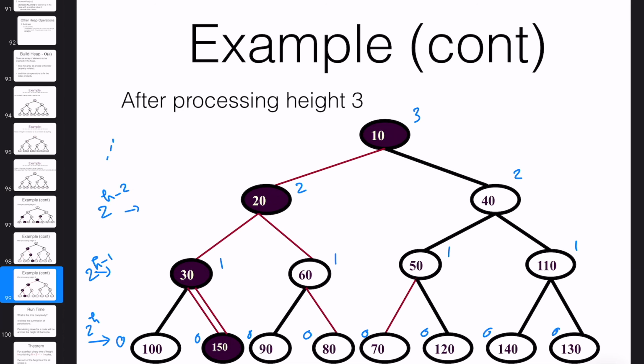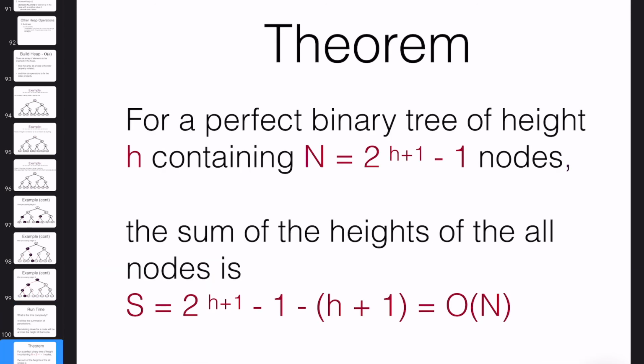Again, we are referring back to that summation: how many nodes you have at this level, multiplied by the height of that level. So this is exactly the same summation that we discussed for the time complexity of the push. This summation is going to end up with this formula.